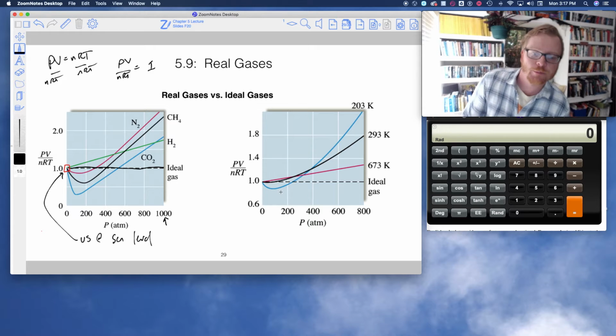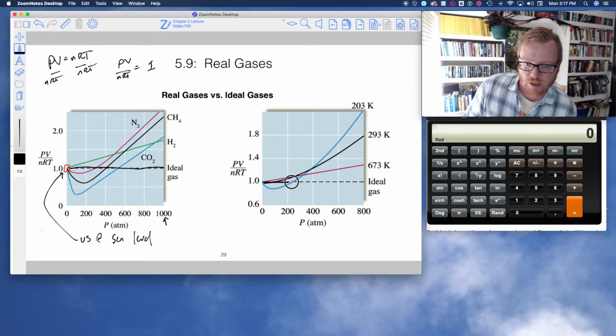So now what about temperature? This graph is still the same situation, PV divided by nRT. The 1.0 line is the ideal line. And now this is the same gas, but at different temperatures. And check it out, 293, that's about room temperature.